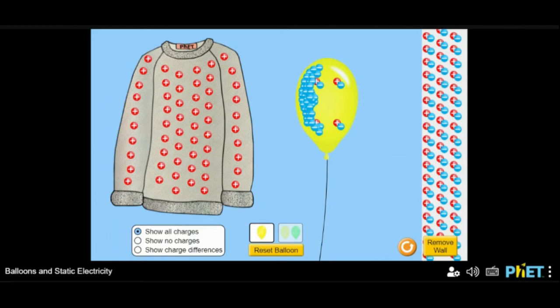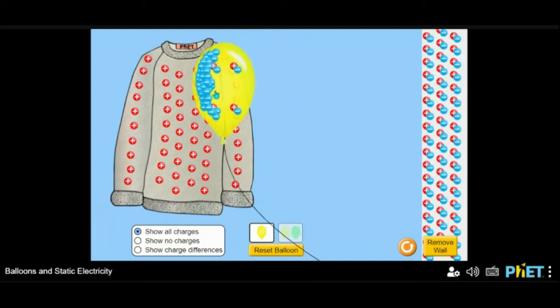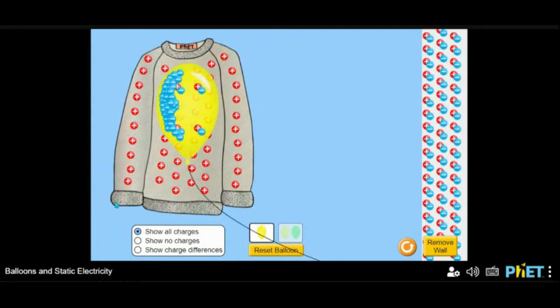Now, on the other hand, notice that the balloon is attracted to the sweater. And why is that? Because there are no electrons present, thus making it positively charged because there are more protons in the sweater rather than having electrons. Because the electrons were transferred to the balloon.